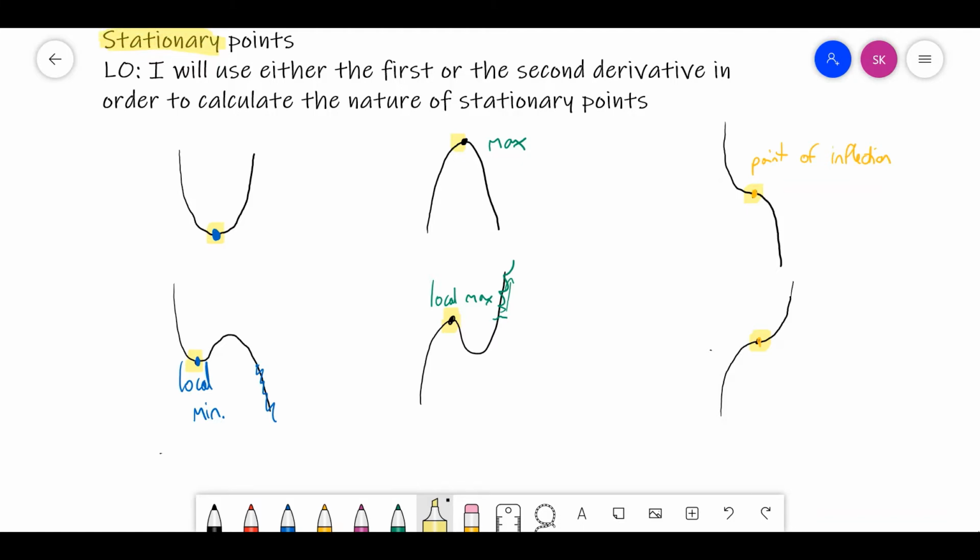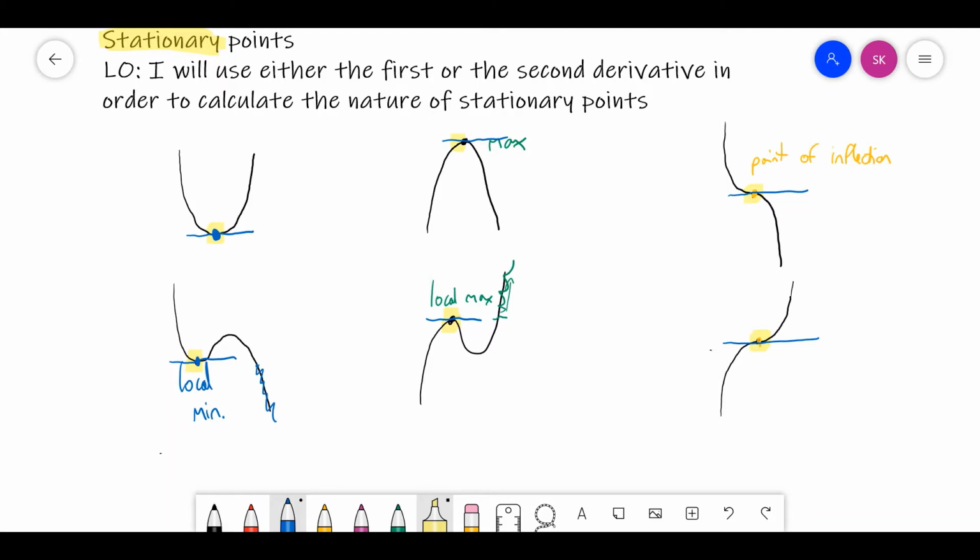Well, hopefully you realized it's because at each of these points, the gradient of the line is equal to 0. At each of these points, the tangent to the curve is flat. And so they're called stationary because the gradient at that point is neither going up or going down, it's neither positive nor negative, it is flat, it is 0, it is stationary.